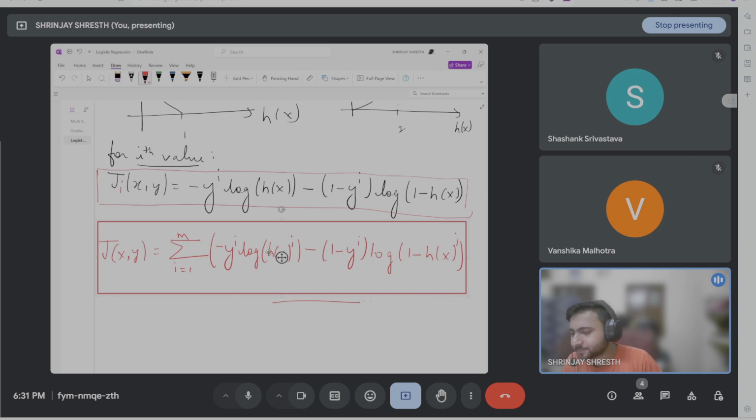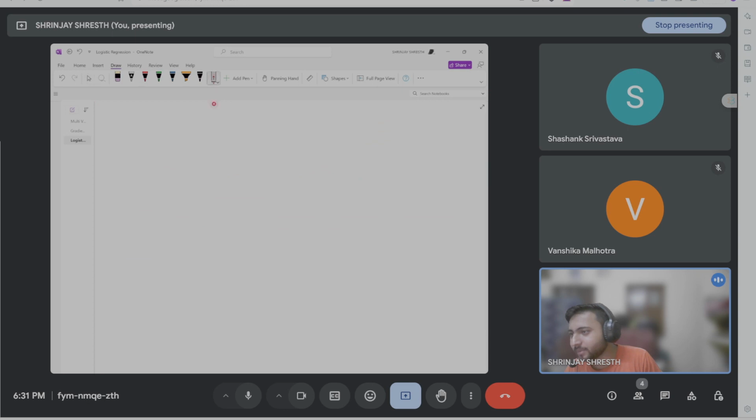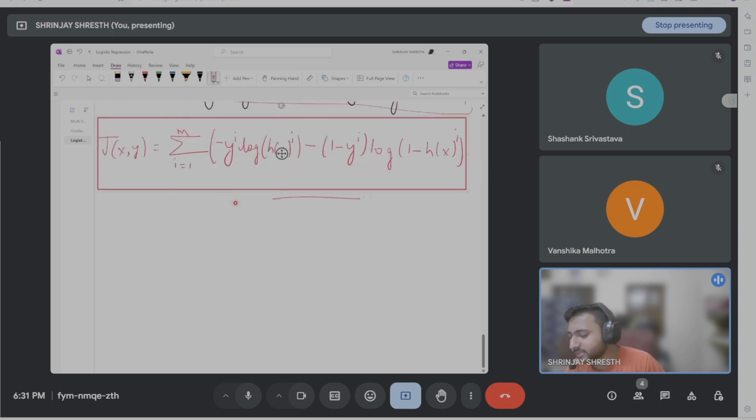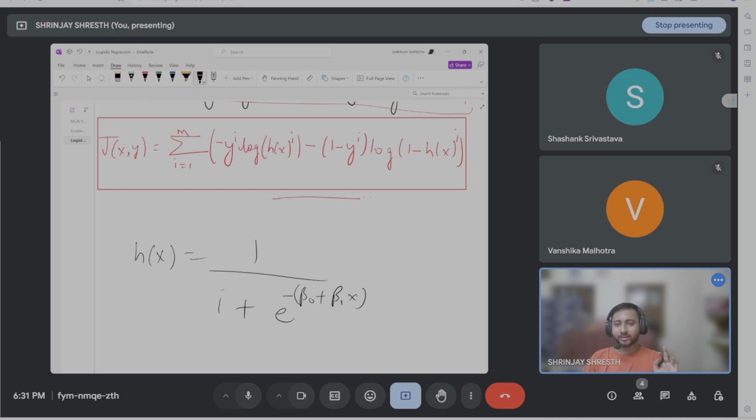Now let us see how do you get the best values. What do I mean to say? Again, you may see your h(x) was what? 1 over 1 plus e to the power minus (beta naught plus beta 1 x). यही था. This was only for two features.